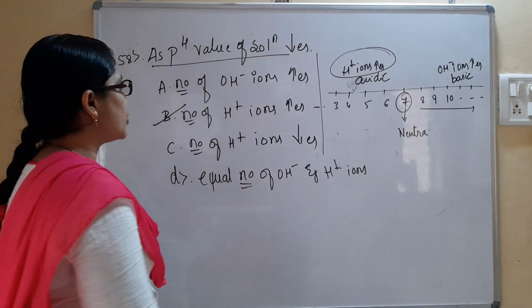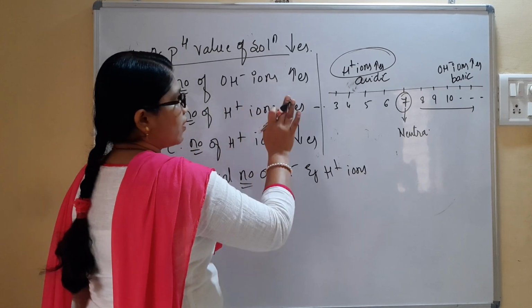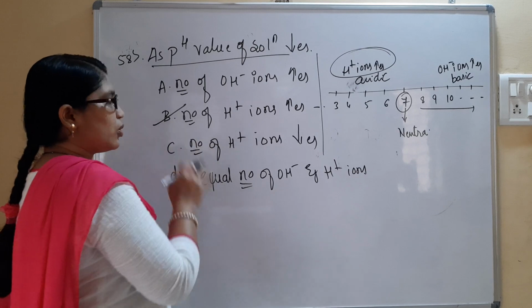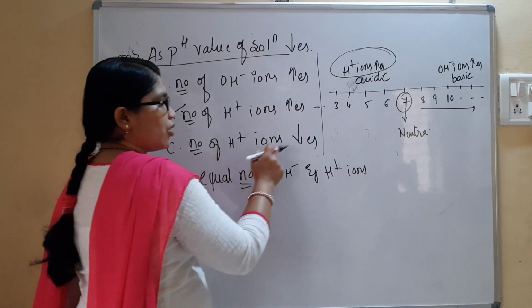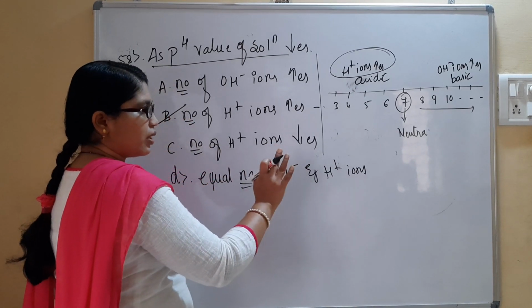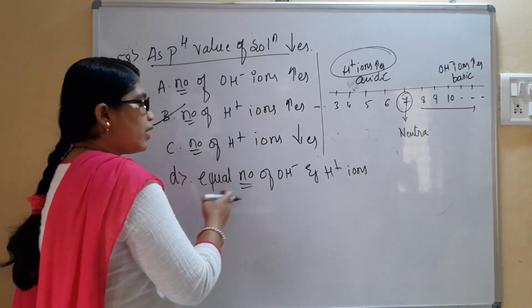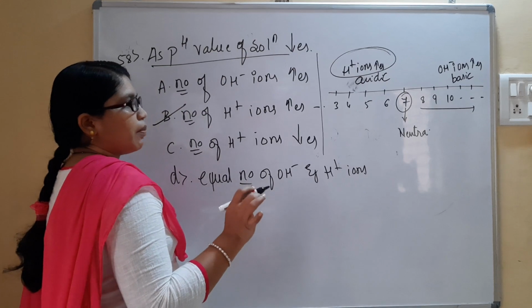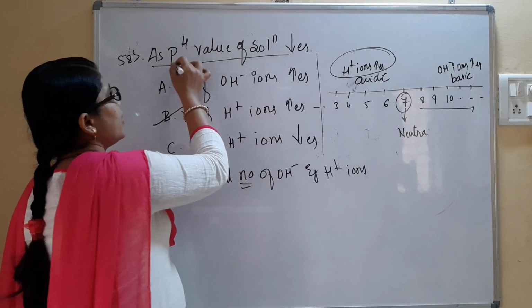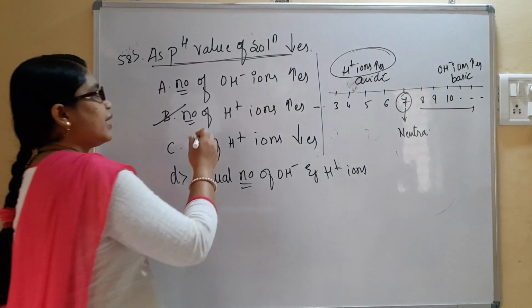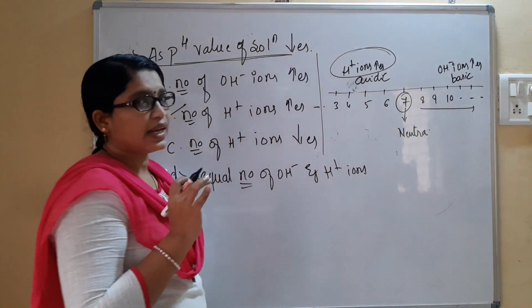The number of OH minus ions never increases as we come this side, and the rest of the two options are also wrong. Number of H plus ions decreases? No, it is not decreasing. If it were decreasing, then the solution would become more basic. Equal numbers will not remain. Whenever the pH value of a solution decreases, it indicates the number of H plus ions is increasing.